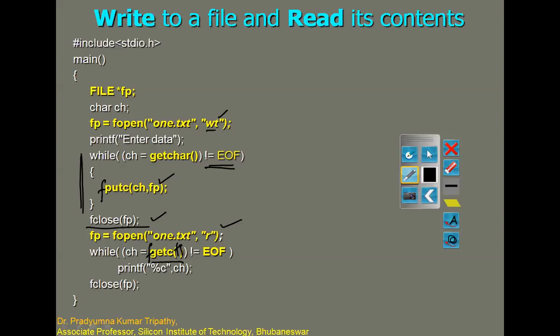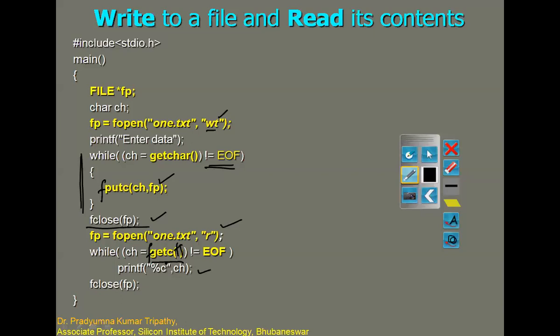fgetc of fp will read that character, and if it is not end of file, it will print that character. There is a typo over here. Here fp and fgetc will be written, so it will read a character from this fp. Here also it will write fc. Correct?